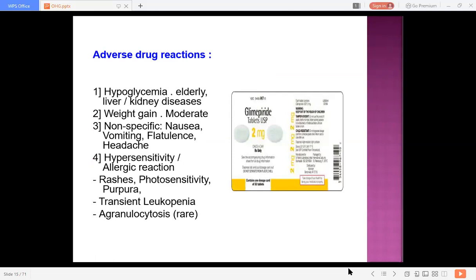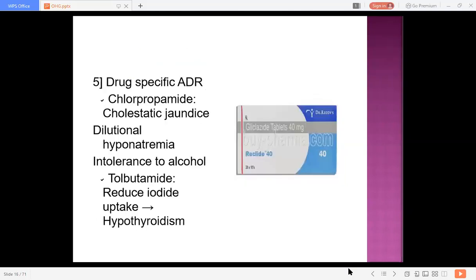There may be transient leukopenia and agranulocytosis, which is rare. Drug-specific ADRs: chlorpropamide may cause cholestatic jaundice, dilutional hyponatremia, and intolerance to alcohol. Tolbutamide reduces iodide uptake, causing hypothyroidism.